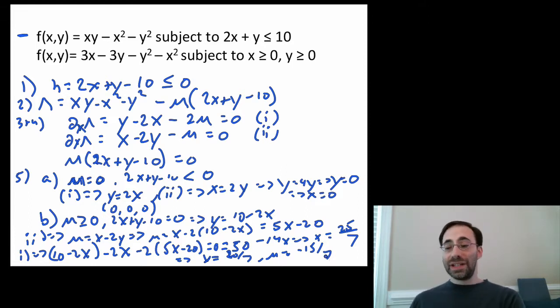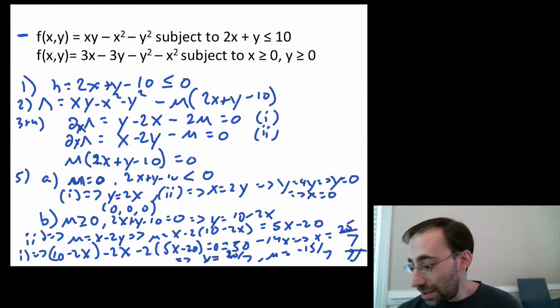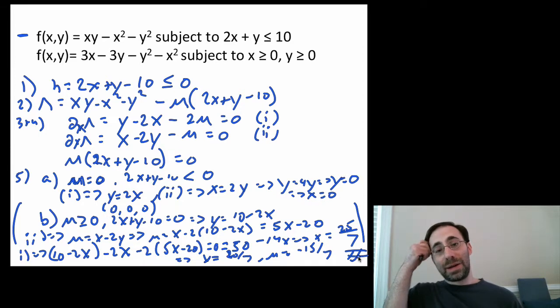So we've seen that this cannot be an example, despite the fact that we might prefer to have x be 25 over 7 and y be 20 over 7, which means both people are actually participating in this complementary action. Our mu here is negative 15 over 7, which violates the assumption that it's greater than or equal to 0, and therefore case B is not a possible case, not a possible maximum.